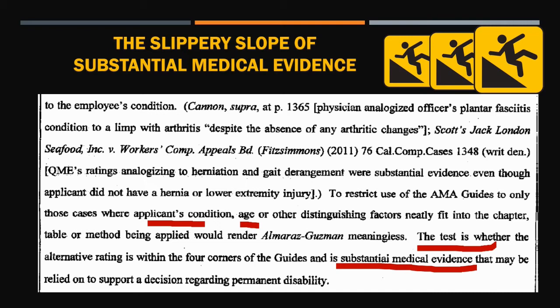And that's all you need to do in order to qualify your opinion as substantial medical evidence, doctors: provide an alternative impairment rating within the entirety of the four corners of the AMA guides, and then support that opinion or conclusion by creating an analogy to similar impact on activities of daily living as another condition that you're referencing in another chart, another chapter, and another table of the AMA guides.